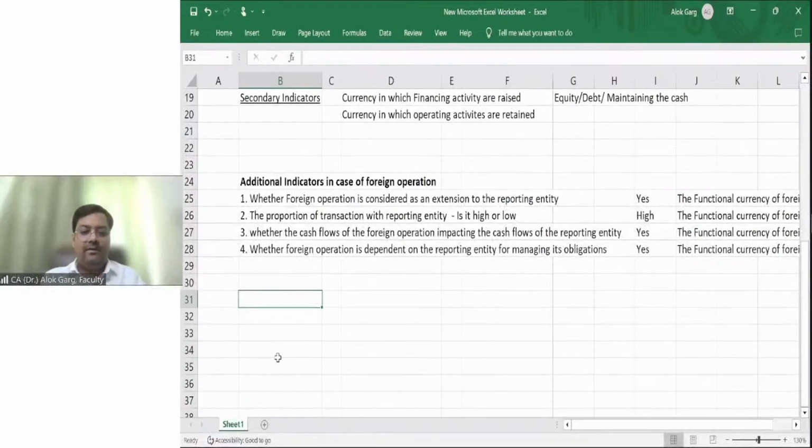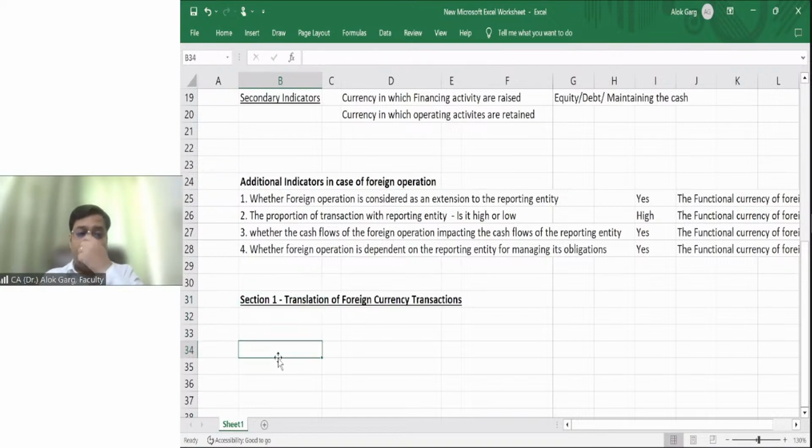Section 1. Translation of foreign currency transactions.